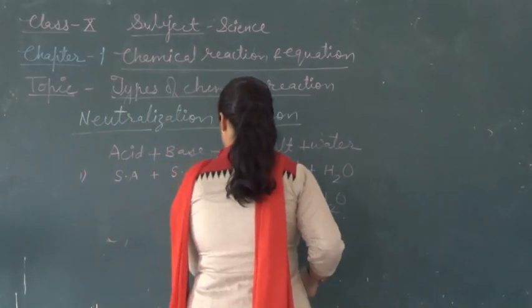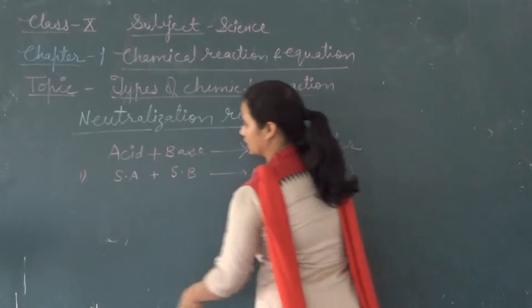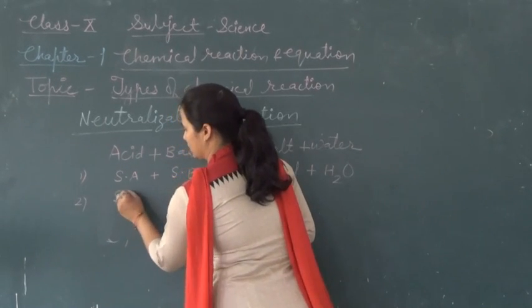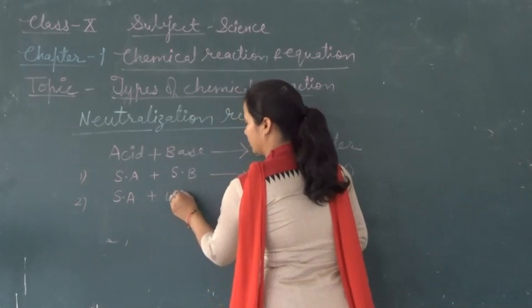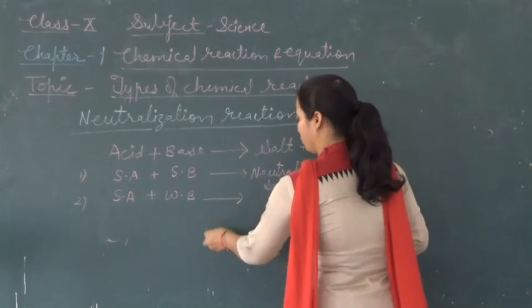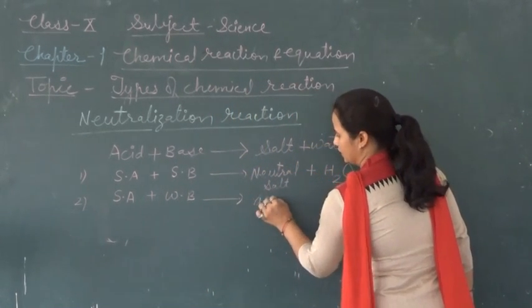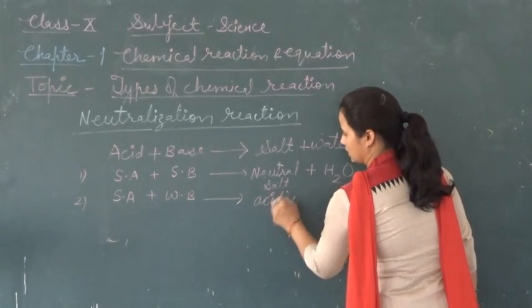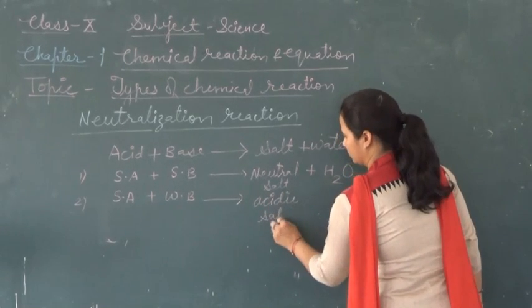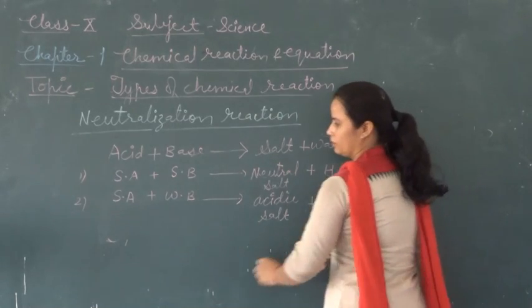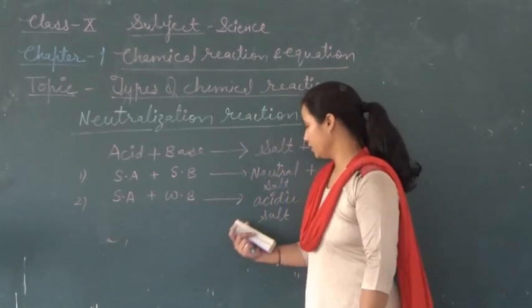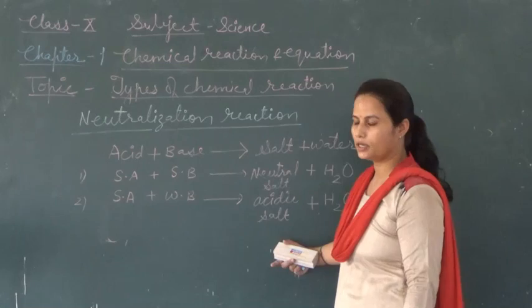The second one is a strong acid and weak base, which forms an acidic salt, because the acid is strong, so the salt formed will be acidic in nature.